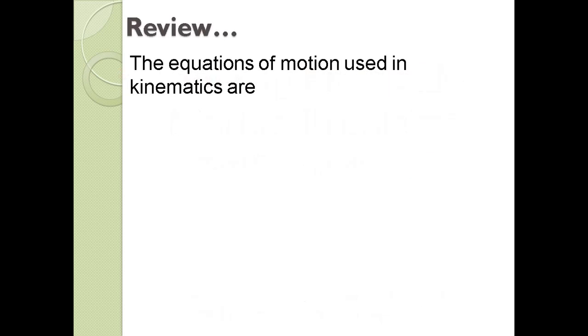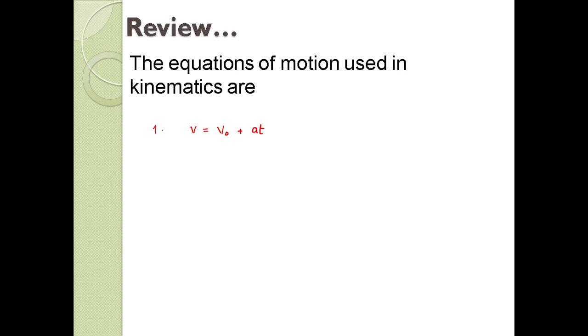So the first thing I want to review is, whenever we are focused on projectile motion, we need to review the equations of motion. If you remember, there were 3 basic equations of motion. The first one was v = v naught + at.